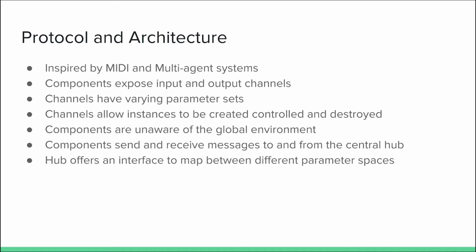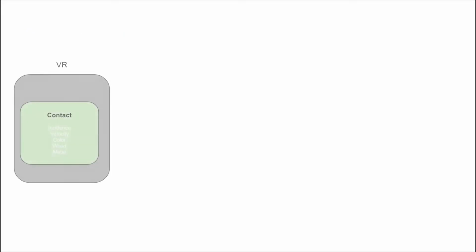So to put this in more concrete visual terms, imagine you have some kind of VR app that exposes an output channel that describes the contact that the user in VR is making with his virtual hands with an object, say a sphere. And so every time the user touches the sphere, there's a new instance created on that channel describing the contact.